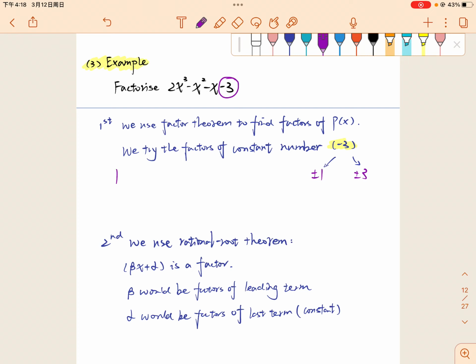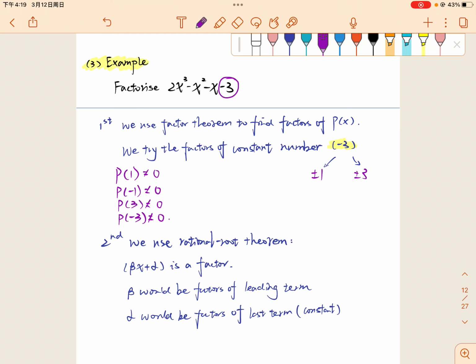And then we try substituting these numbers inside: P(1), P(-1), P(3), and P(-3). If you substitute them into x, you will realize none of them equal 0.